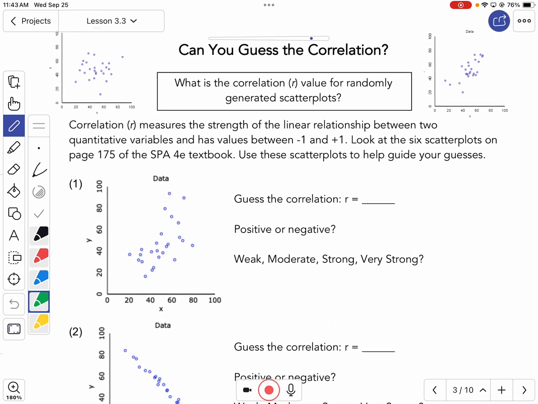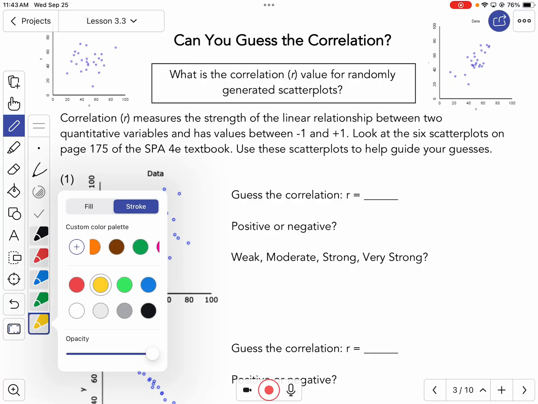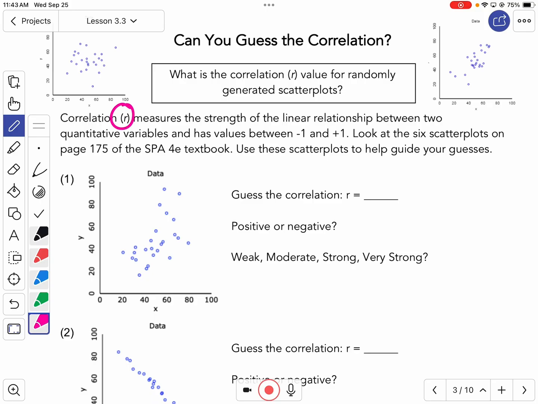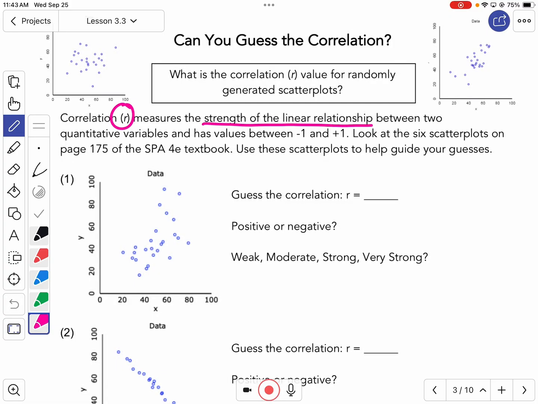All right, and it asks, can you guess the correlation? And so it tells me that correlation, and they call it R, that's the letter that they give for correlation, is the letter R. And it measures the strength of the linear relationship between 2 numerical variables, okay?